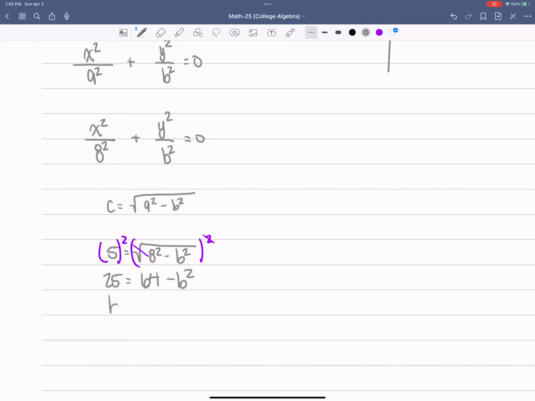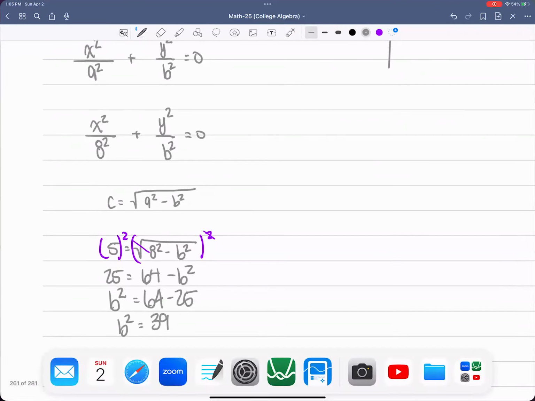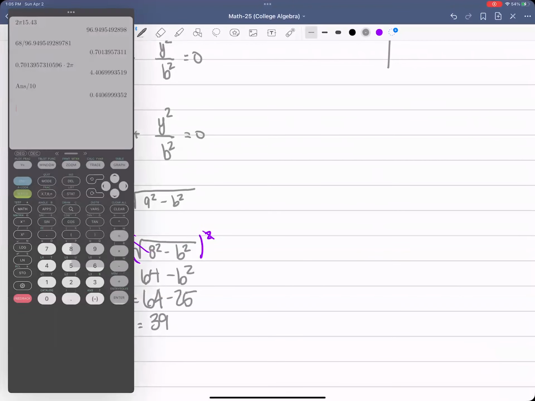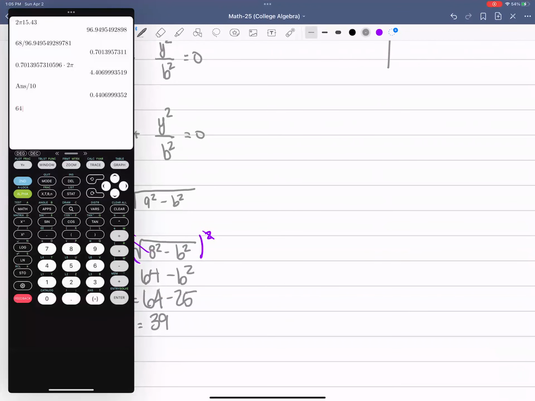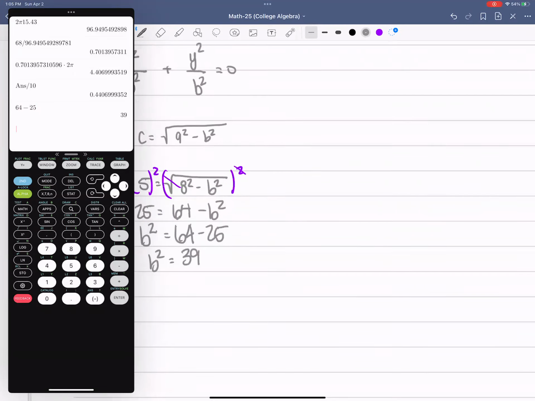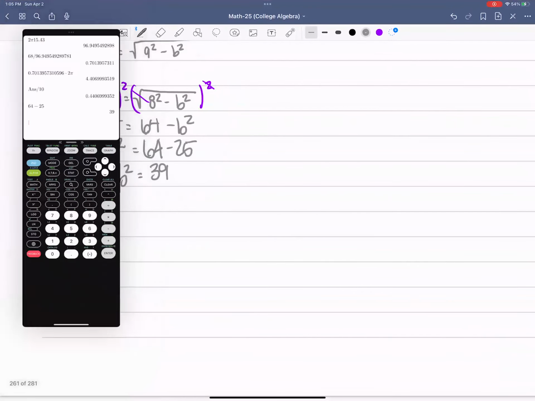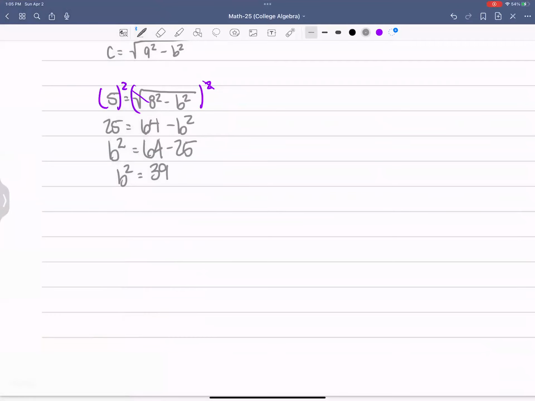And doing a little bit of math magic, we get b squared is equal to 64 minus 25. 64 minus 25, is that 39? Just make sure. 64 minus 25. Yep, 39. And now we have b squared equal to 39.